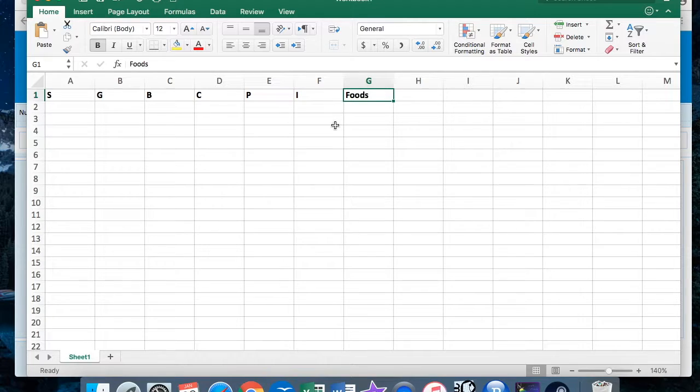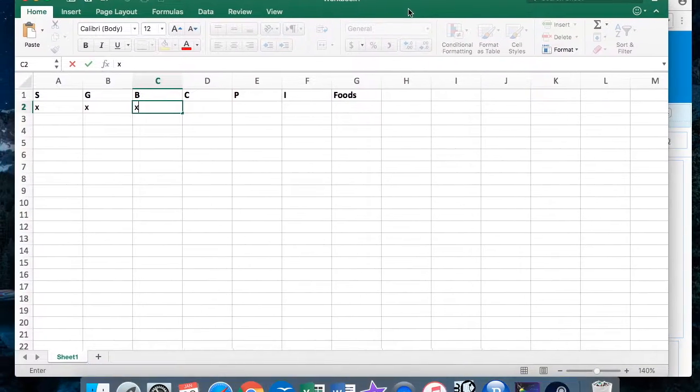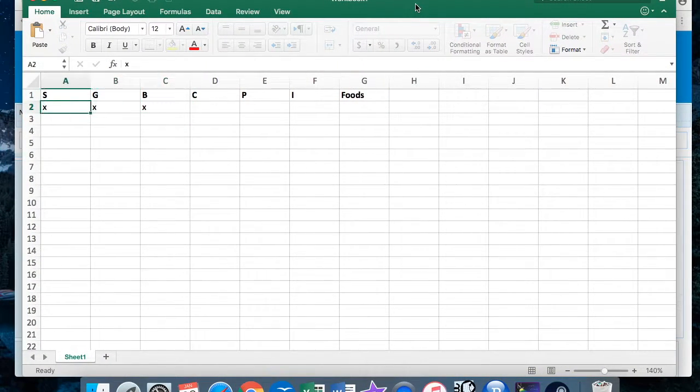Okay, so let's say I have a salad, I have the G, the green beans, and I have the B, breadsticks. So these are my first 3 foods. I'm going to have salad and green beans and bread. Okay, so that's my first 3.